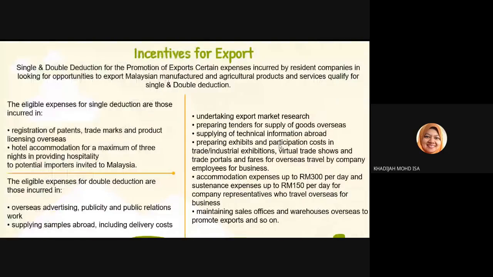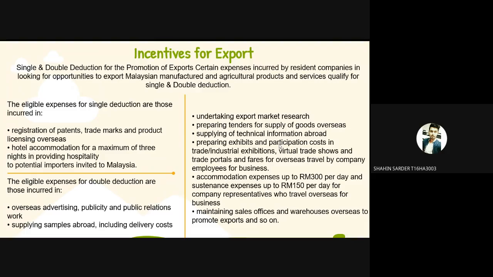Okay. The next one is incentives for export. In the previous presentation by Aishi, she already explained about this one.